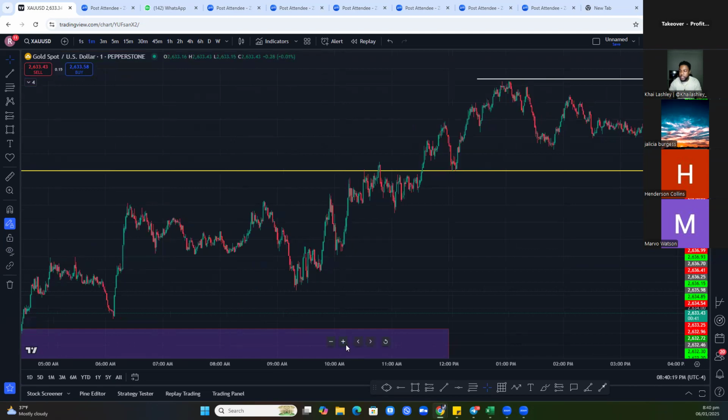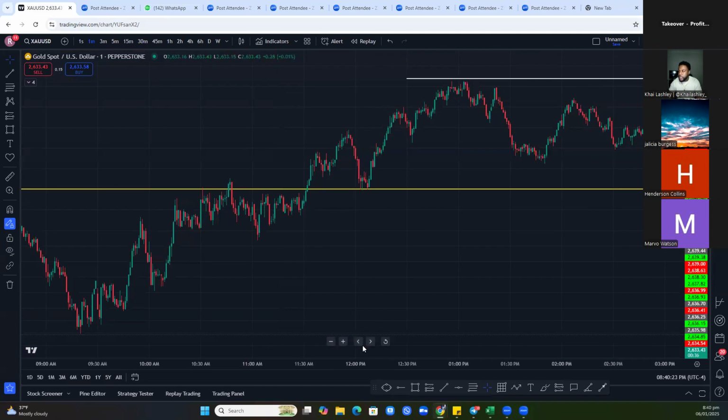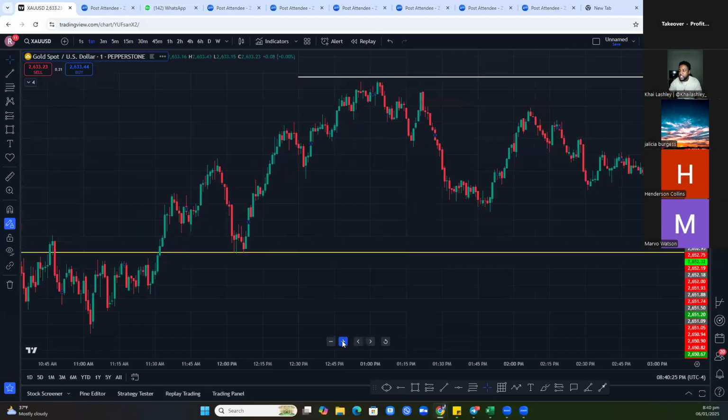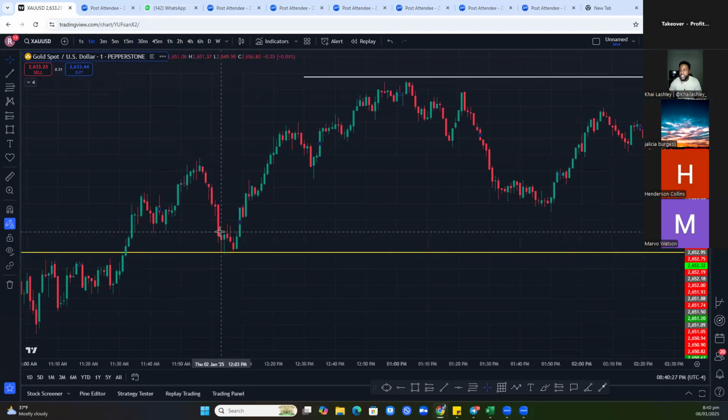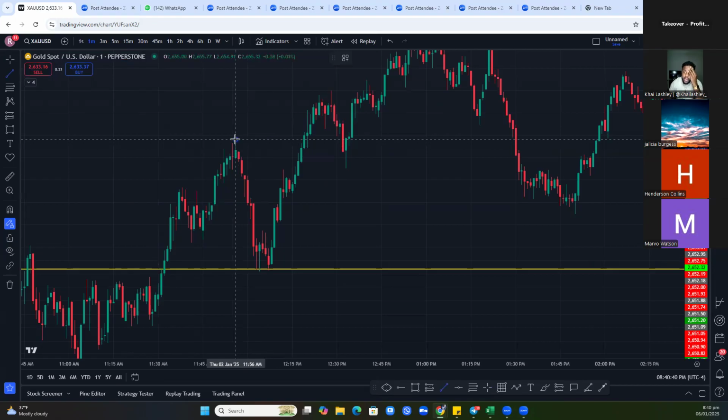Just because you got those impulse continuations, you don't want to just be entering on those 1 minute time frames and so forth. For example, in a scenario like this, the market is bullish, but you're sitting on a 1 minute time frame. You know what's happening? Your mind is seeing, boom, impulse.